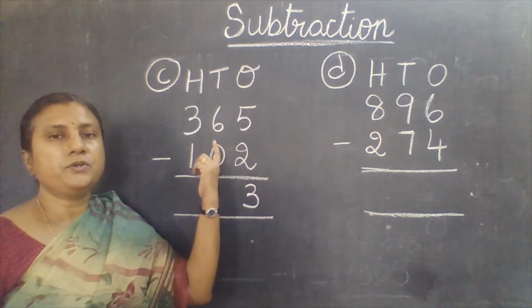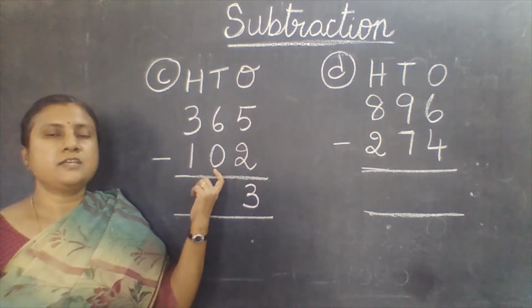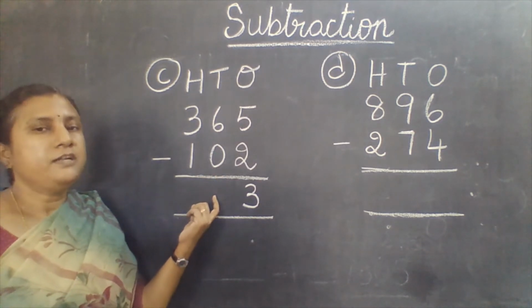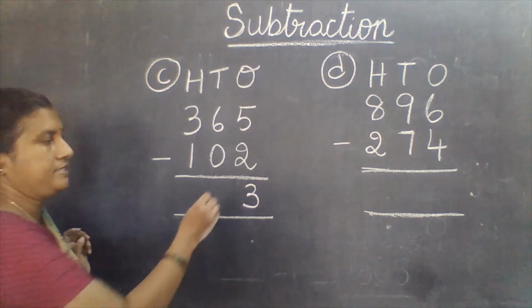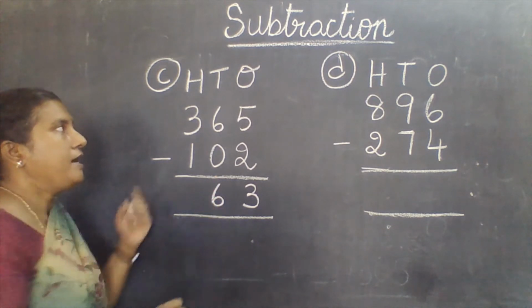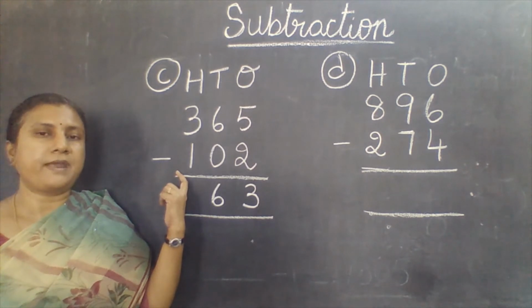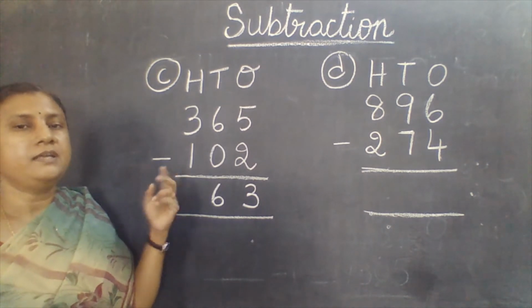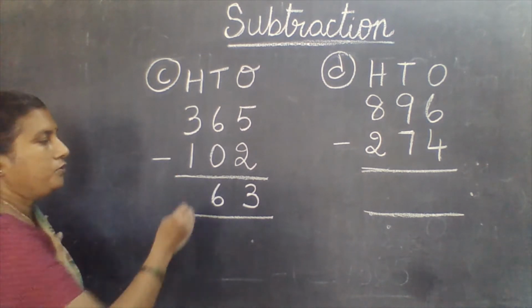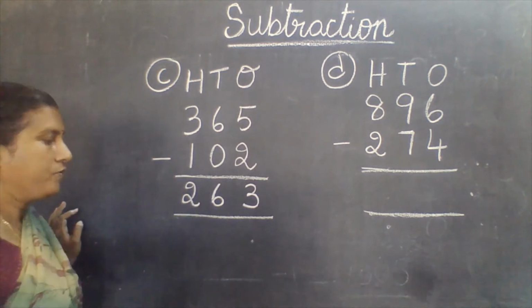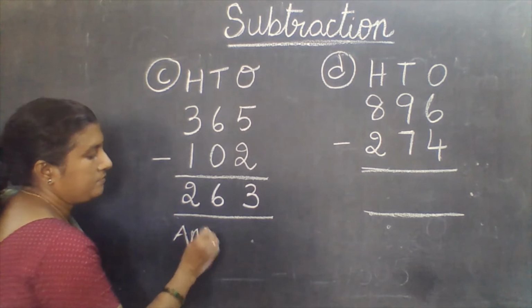Next we have to go to tens place. 6 and 0 are there to subtract. According to 0 property, the difference will be 6. In hundreds place we have 3 and 1 to subtract. So according to one property the difference will be 2, which is the before number to 3. So what is the answer?